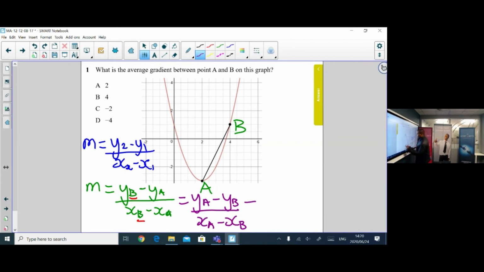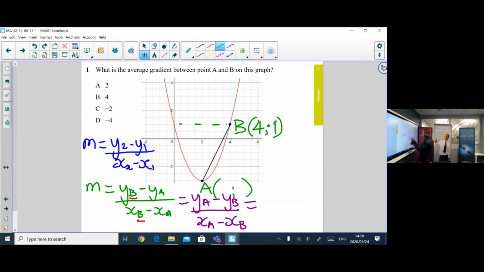So anyway, to get to our result, we need to know what is the coordinate at B. So B coordinate seems to be at 4. So the 4 is easy to figure out. So 4 from the x, and then 1 from the y. All right. Then what about A?